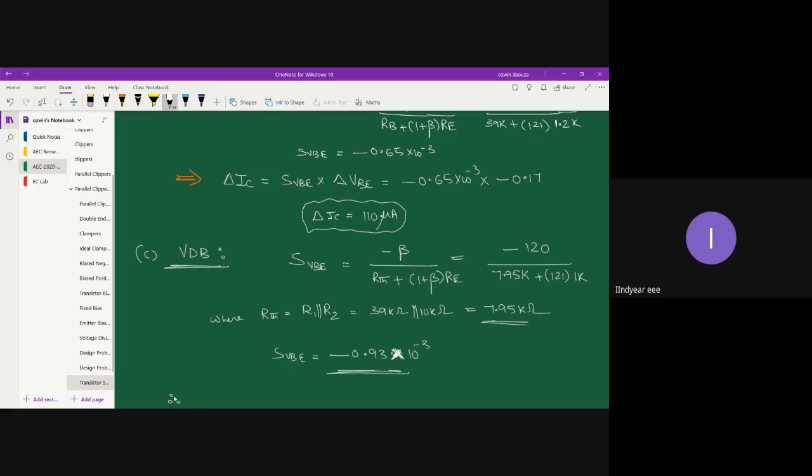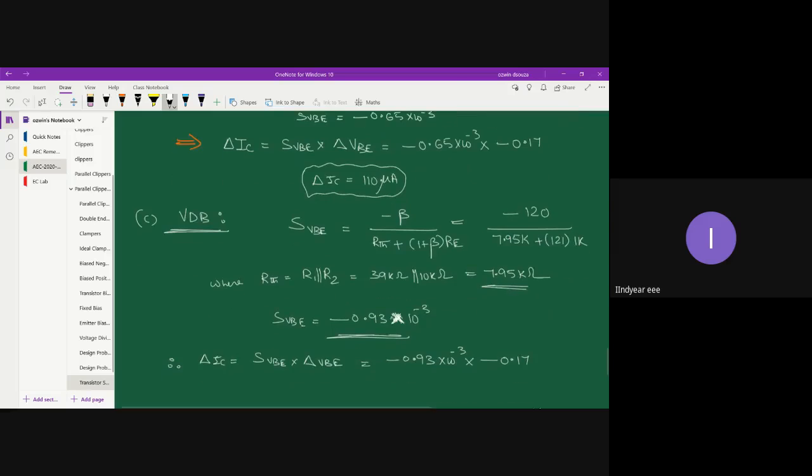Therefore, delta IC is SVB into delta VBE, which is equal to minus 0.93 milli into minus 0.17 volts. So delta IC you will get as 158.1 microamperes. So that's your delta IC.